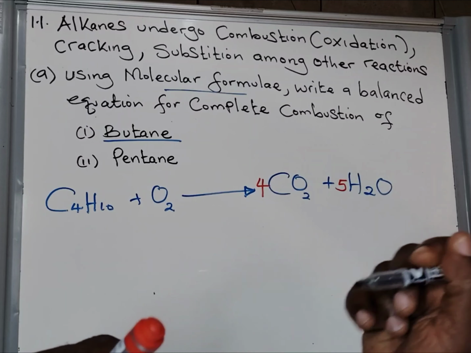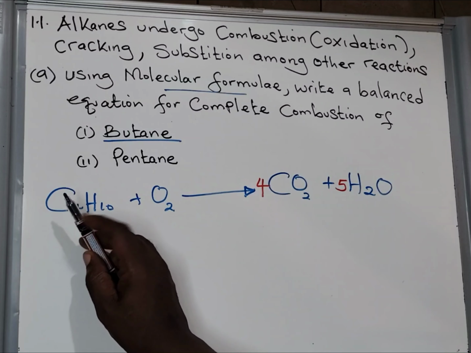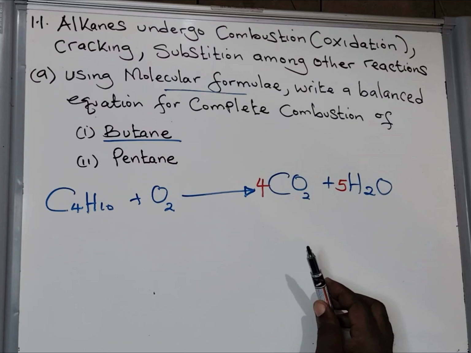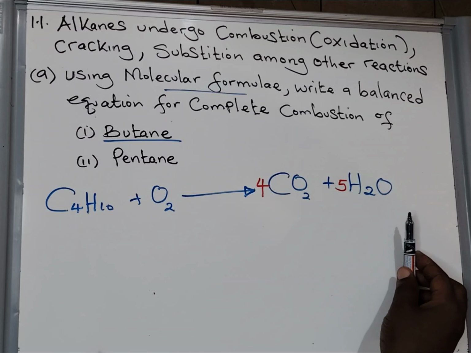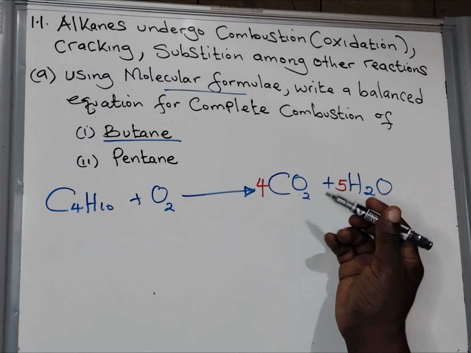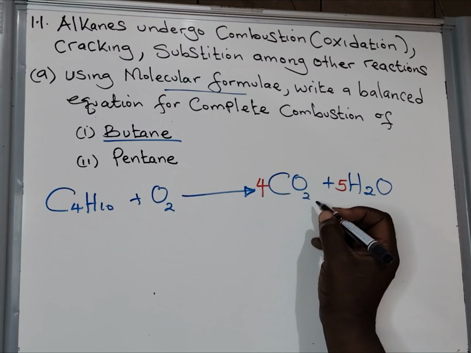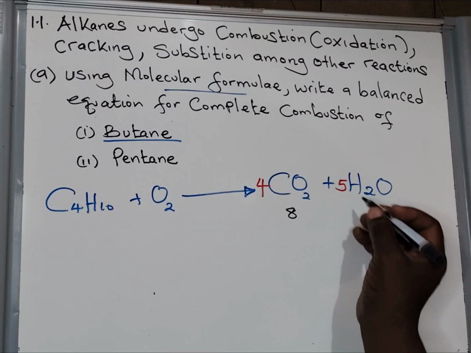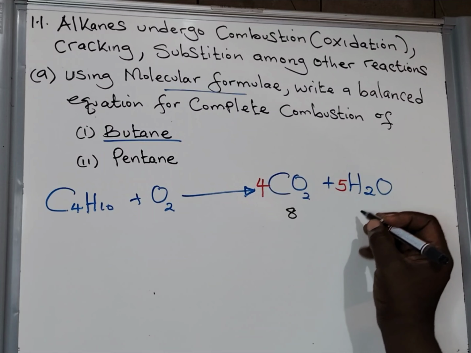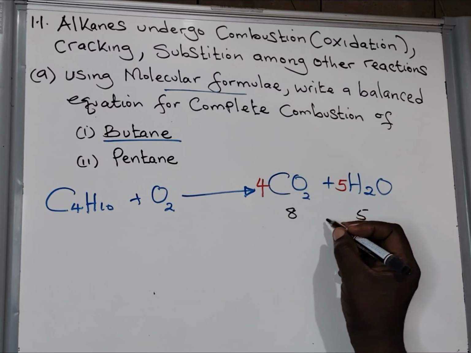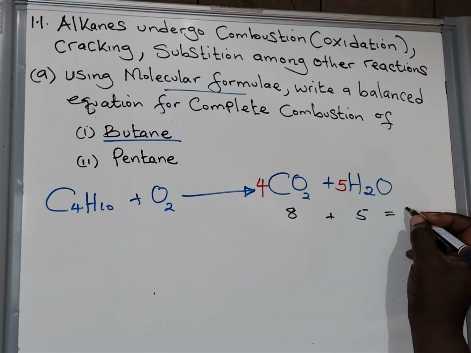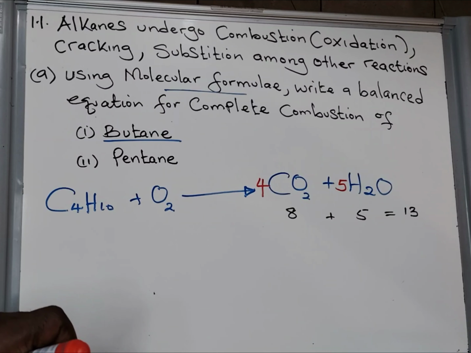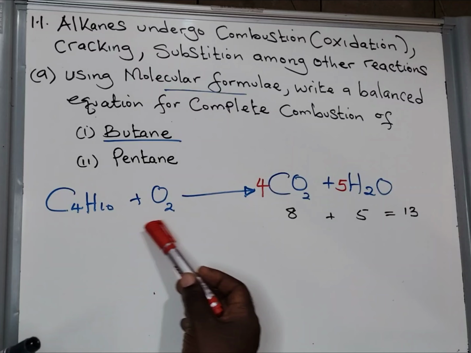Then your carbon is balanced, hydrogen is balanced. So what is not balanced is oxygen. How many oxygen do I have here? It is 4 times 2, which is 8. And how many oxygen do I have here? It is 5. So 8 plus 5, you get 13. The question is, how do we make this one 13?